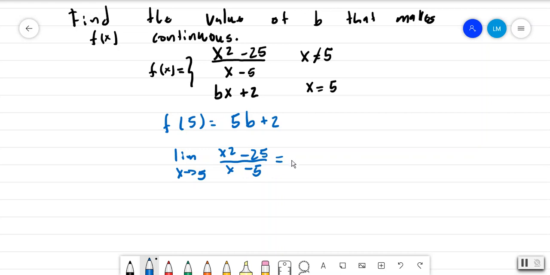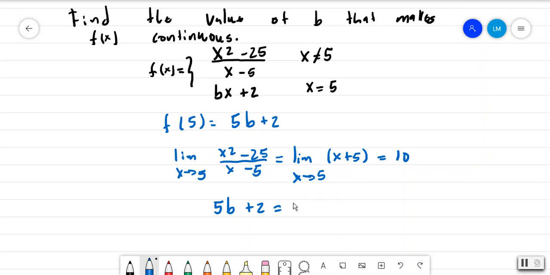So we can factor this just like the previous problem, where we have the limit as x approaches 5 of x plus 5, and that equals 10. So we have 5b plus 2 equals 10, because we have to set these both equal to each other.